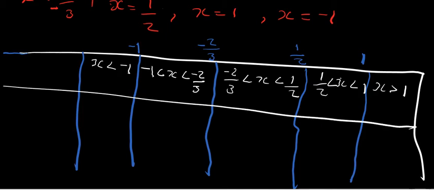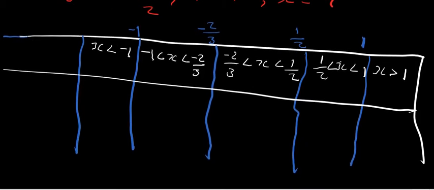After doing that, I now need to get the factors. So the first factor is going to be the first one where I got that guy. That guy came from 3x plus 2. Then I'm also going to get 2x minus 1.